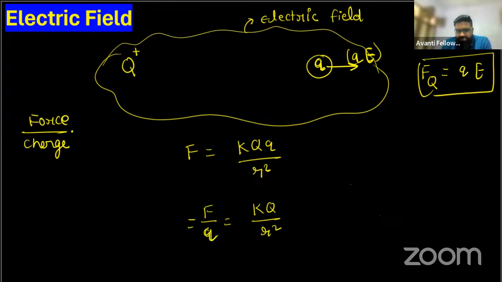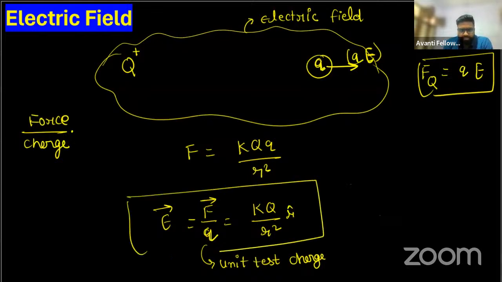And if this charge is unit test charge, अगर मुझे यूनिट टेस्ट चार्ज के लिए फोर्स पता लग गया, तो अब मैं किसी भी चार्ज पर फोर्स की वैल्यू निकाल सकता हूं, है ना? क्लियर है? तो this is termed as the electric field which is K Q upon r square into r cap. This is for the point charge.